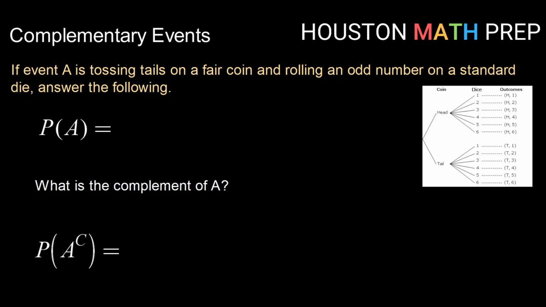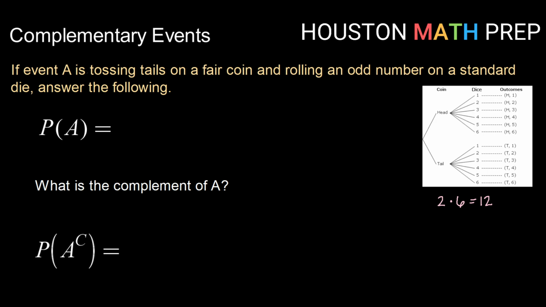And of course, with rolling our die, we have 6 possible outcomes. Using the fundamental counting principle, 2 outcomes with the coin times 6 outcomes with the die gives us a total of 12 possible outcomes. And here they are listed on the right-hand side.